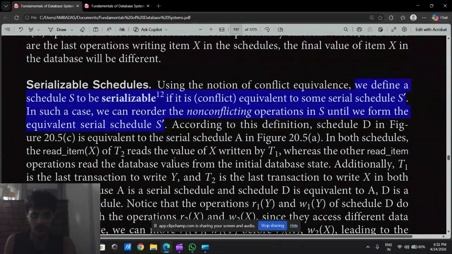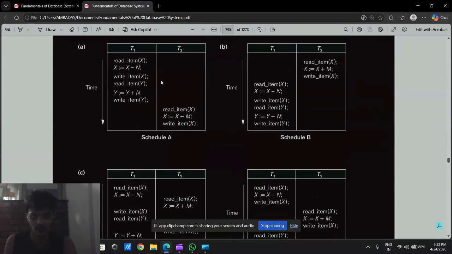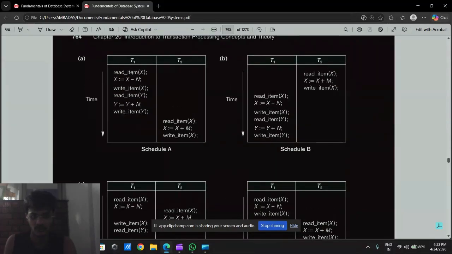The only operations that we know are conflicting are write-write, read-write, or write-read. Read-read is actually not conflicting, but write and read is conflicting, and it's happening on the same data item.